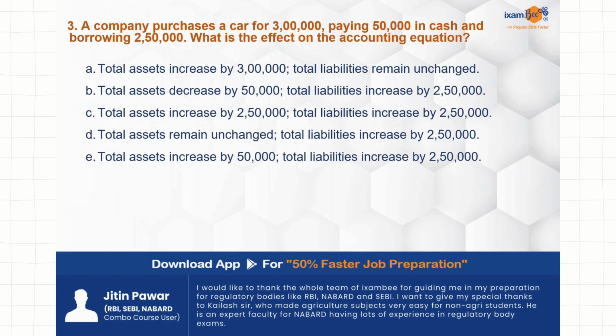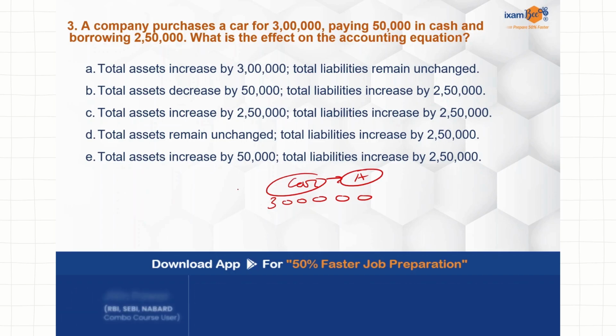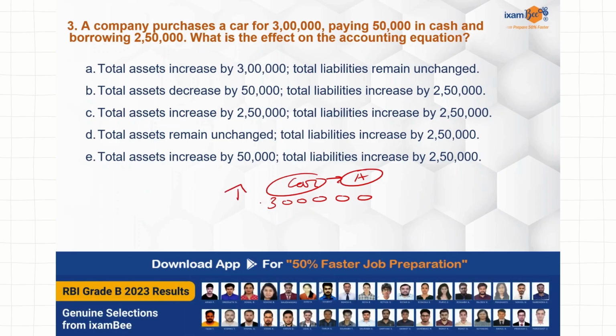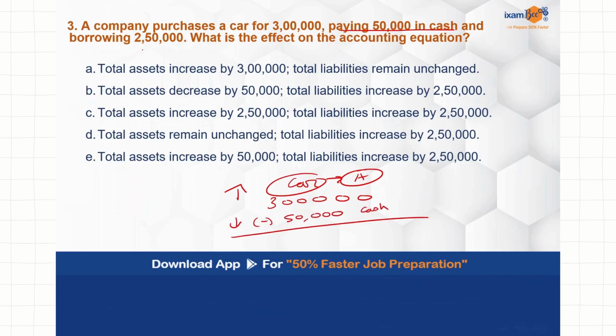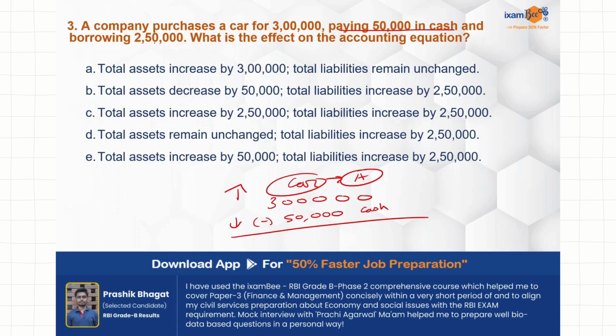Next question is, a company purchases a car for 3 lakh rupees. Great. So we have a car, which is an asset. There is a 3 lakh increment in our asset column. Paying 50,000 in cash. So there is a 50,000 decrement in our assets because cash is going out. And by borrowing 2,50,000. So the transaction is we bought a car of 3 lakh, right?